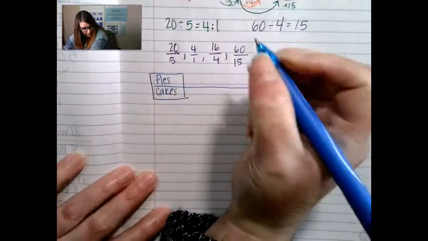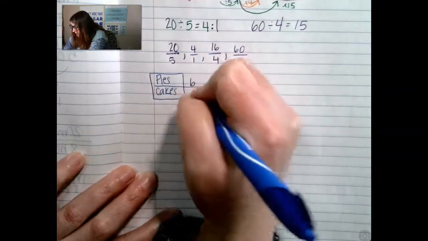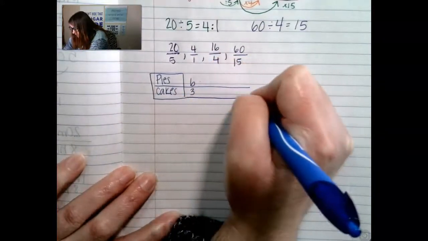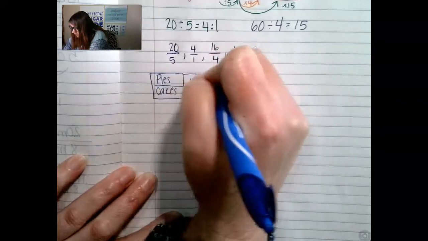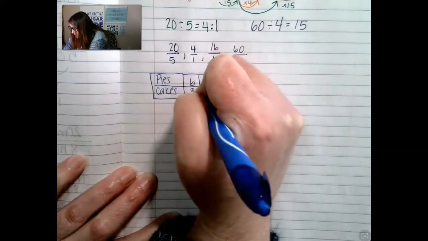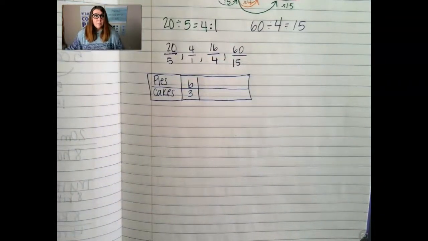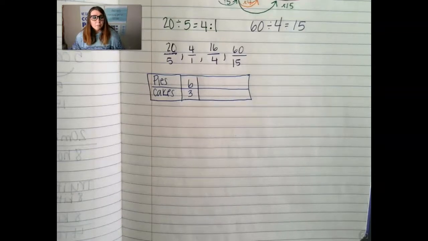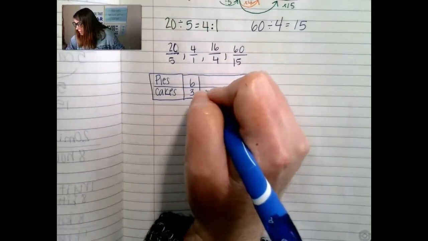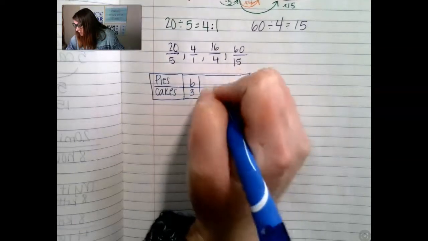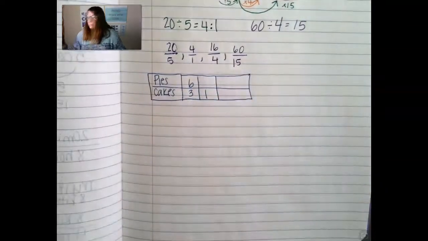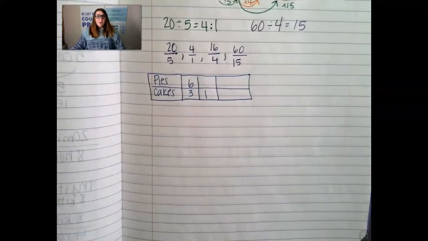For every 6 pies, I sell 3 cakes. So people must like pie, or maybe it just has a better price. Who knows? Okay, so I want to know, how do I get to 1?